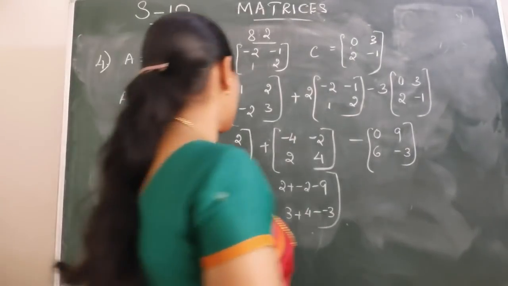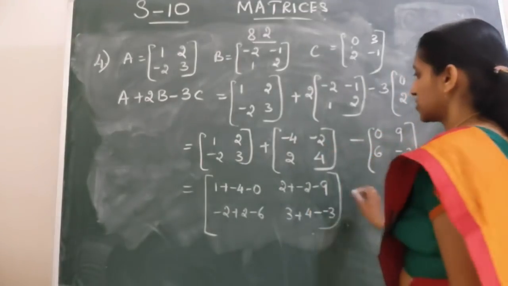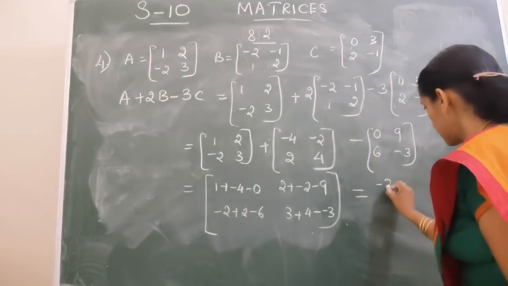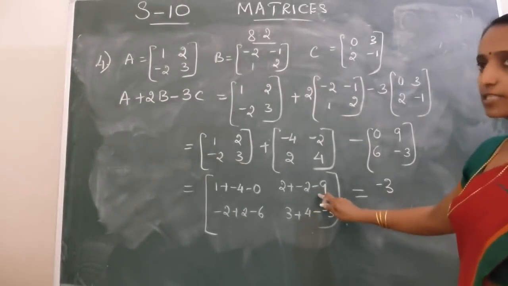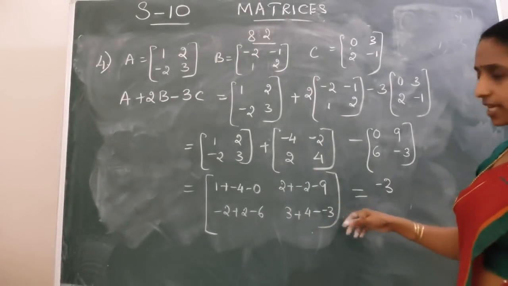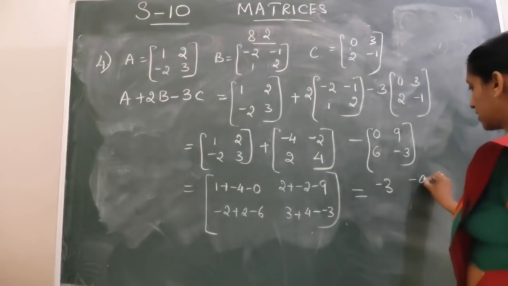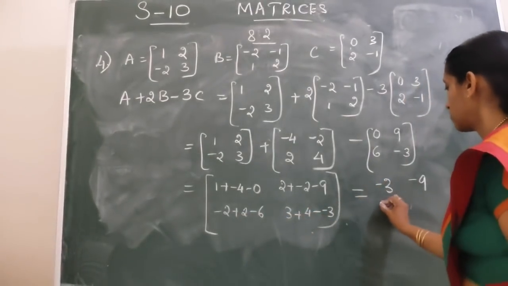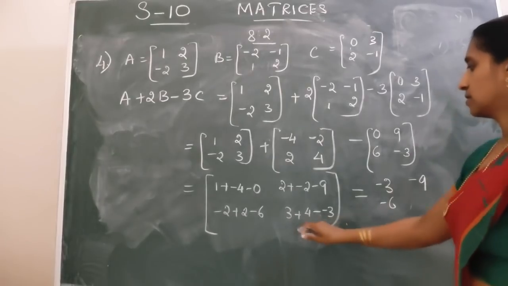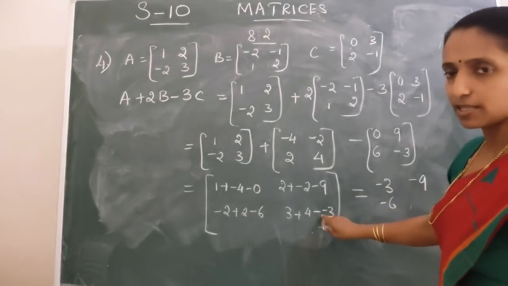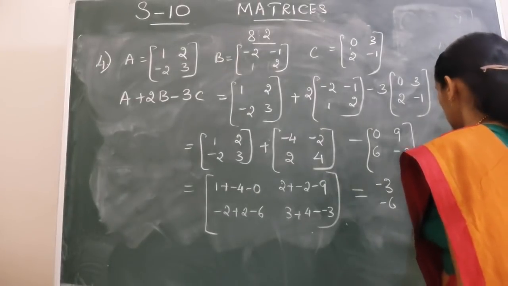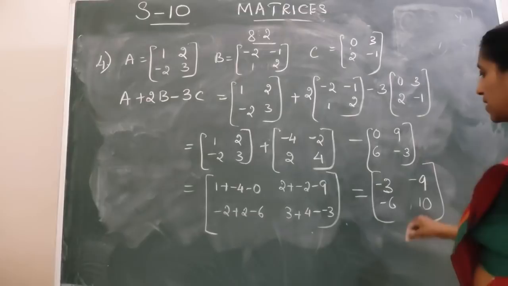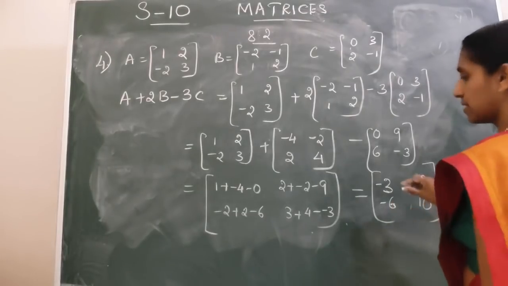And finally, what are we getting? 1 plus minus 4 minus 0 is minus 3. 2 minus 2 will cancel, you will get minus 9. Minus 2 plus 2 will cancel, you will get minus 6. 3 plus 3, 6 plus 4, 10. So the final answer is minus 3, minus 9, minus 6, 10.